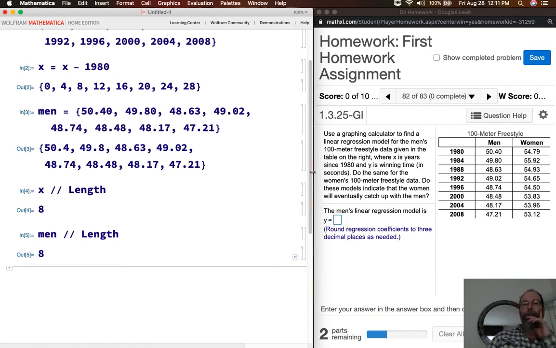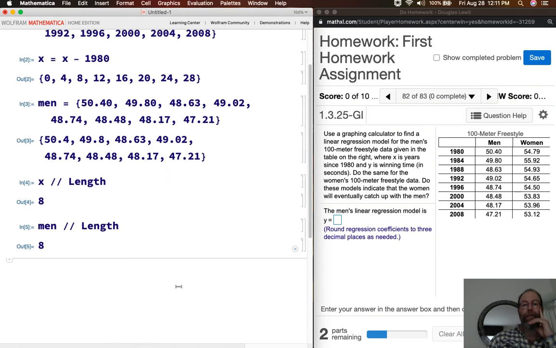Okay, so I'm looking for a regression model. They're looking for a linear regression model, which means the slope and the y-intercept. Now in Mathematica, hold on one moment, there are several different ways of doing this.